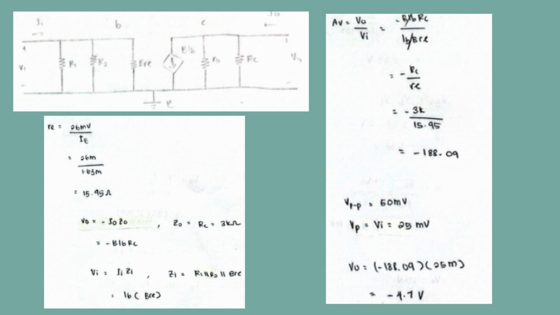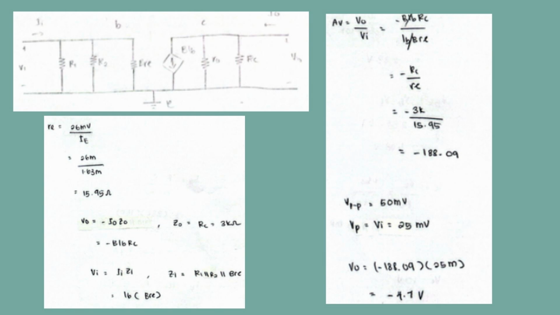ZO in this figure is RC, 3 kilo ohm. VO also equals negative beta IB RC.